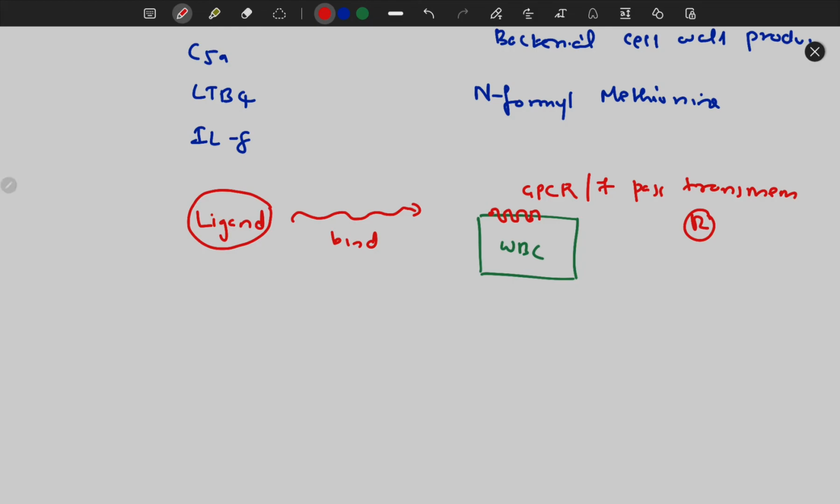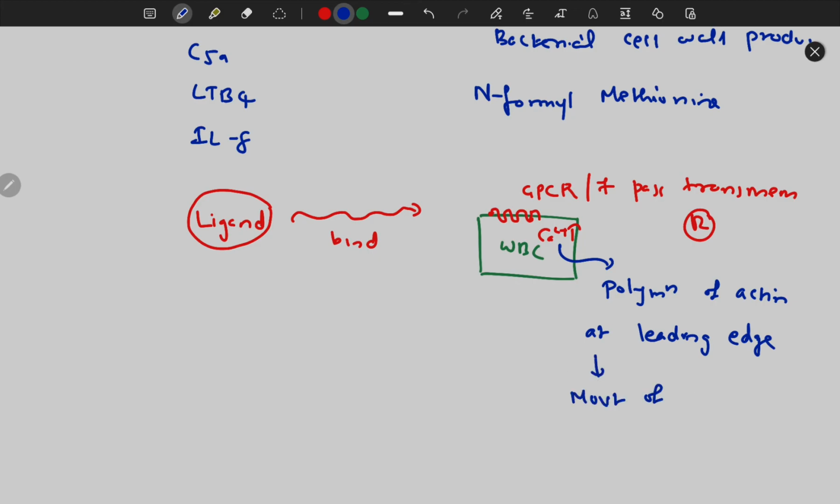When this ligand binds, the cytosolic calcium level is increased. Due to the increase in cytosolic calcium, there is polymerization of actin at the leading edge, and there is movement of the WBC, that is, the leukocyte.